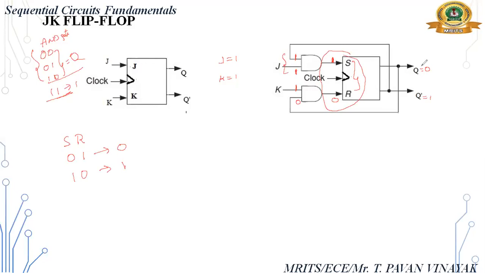So what is the Q value now? Q value becomes 1 and Q bar becomes 0. So when both inputs are 1, we get the output 1 0 when the previous value is 0.